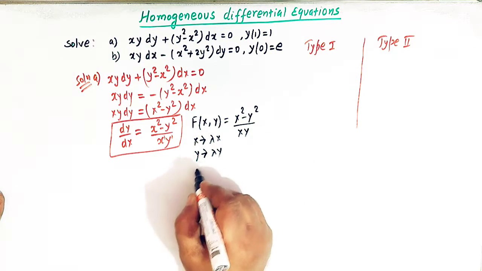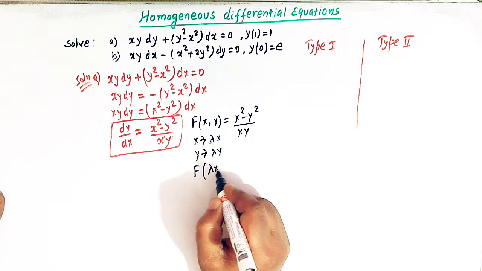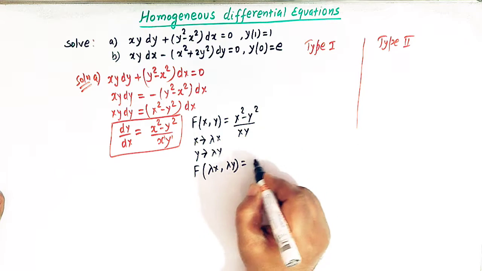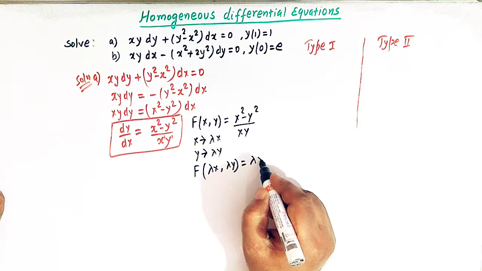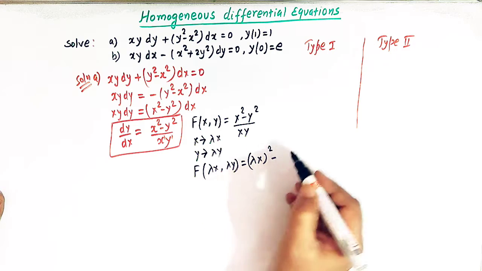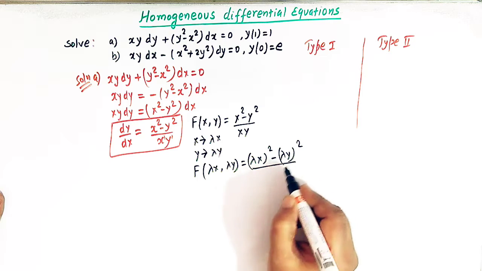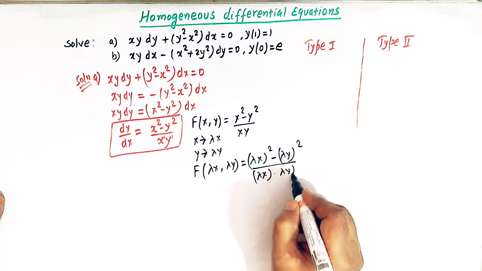So what we will get is f of lambda x comma lambda y, and here for x we have (lambda x) square, and here we have (lambda y) square, and in the denominator we have lambda x times lambda y.